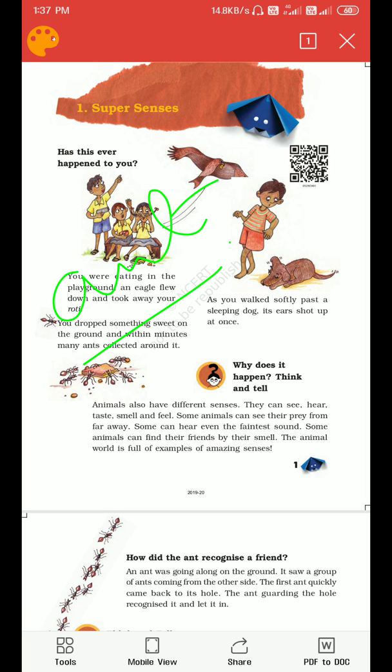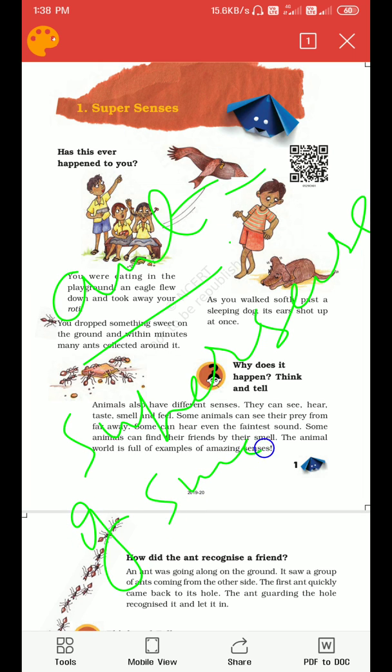How do these ants collect around the sweets? Because ant has a super sense of smell. It smells sweets and collects around the sweets which have fallen on the ground.